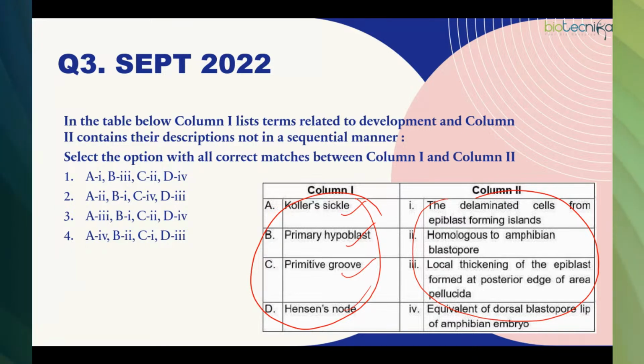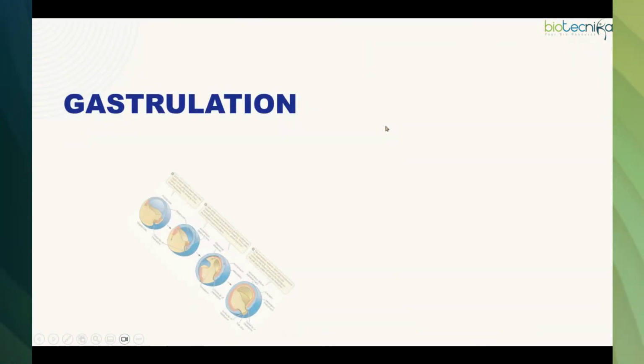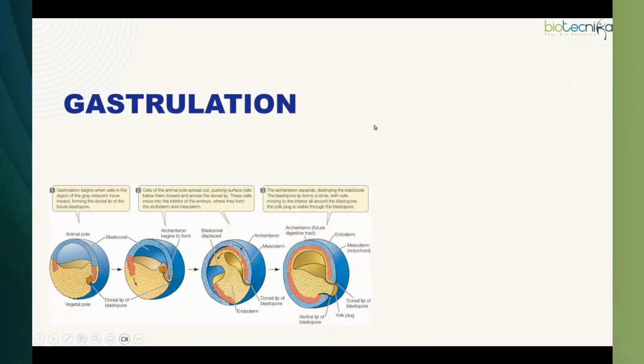Okay, Sarita says 2 again. So first of all, we will look at the comparison. Yes, you're right, the gastrulation process of amphibian.